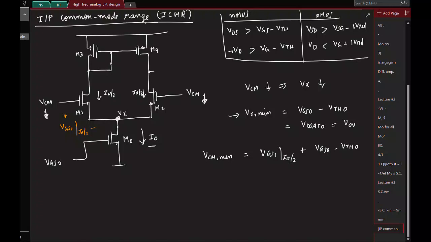So I'll simplify this as basically VGS1 at a current of I0 by 2 plus the VD sat of the transistor M0. Great. So this is about the lower limit.